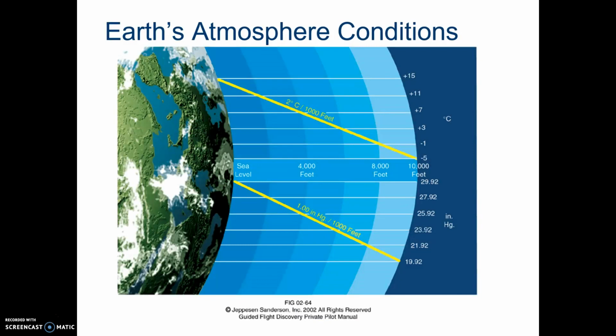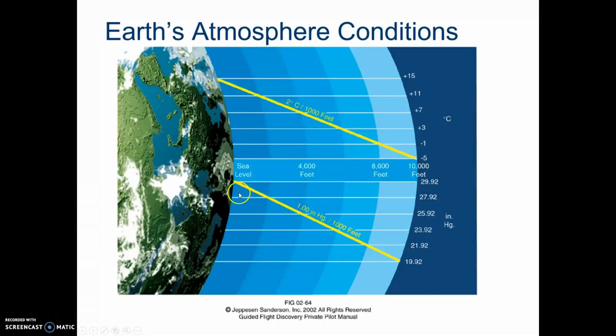What this chart is showing is that as you increase altitude from sea level, the temperature drops 2 degrees Celsius per 1,000 feet. So you have plus 11 degrees, plus 7 degrees, plus 3, minus 1, and negative 5 degrees at 10,000 feet, in Celsius.